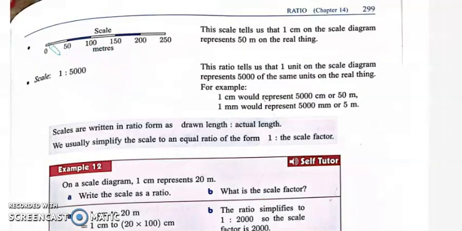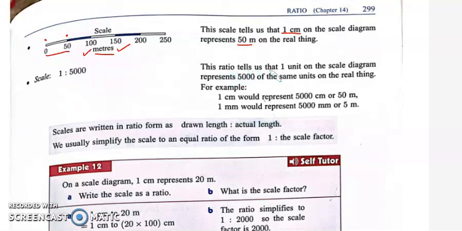Here you can see a scale has been drawn: 0, 50, 100, 150, 200, 250, and it is written in meters. This scale tells us that 1 centimeter on the scale diagram represents 50 meters. From here to here the length is 1 centimeter, which is equivalent to 50 meters, as written here.